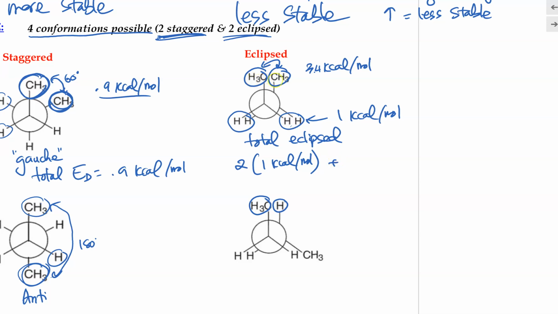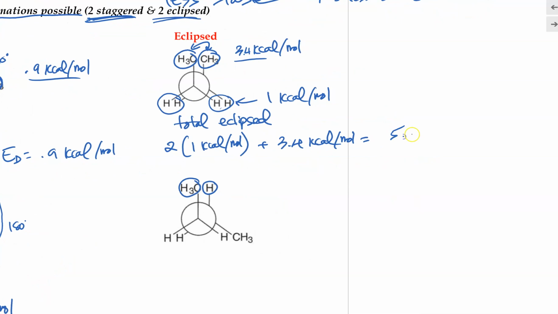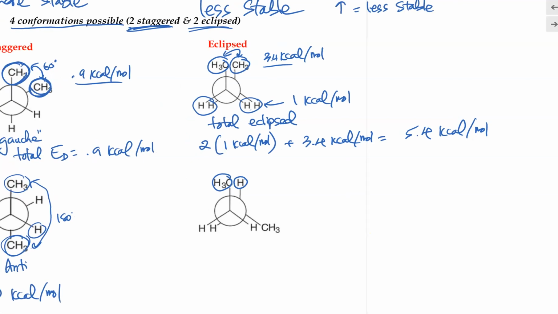Plus, when the two methyl groups are eclipsing each other, it is 3.4 kilocal per mole, and we have one of that. So added all together, this equals 5.4 kilocal per mole altogether for this total eclipse conformation.